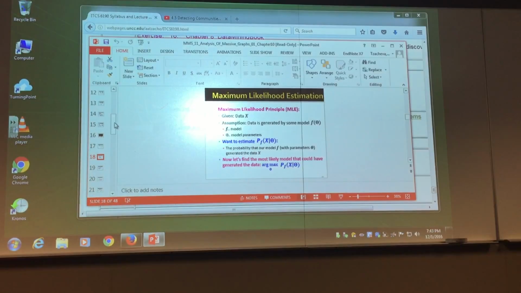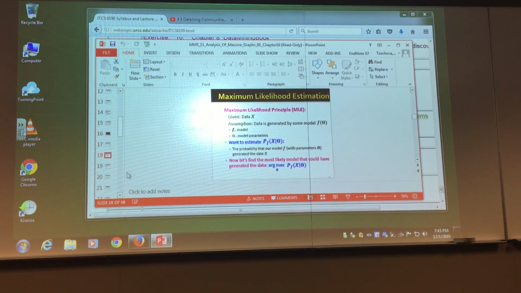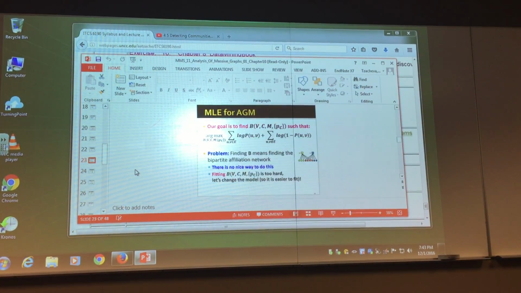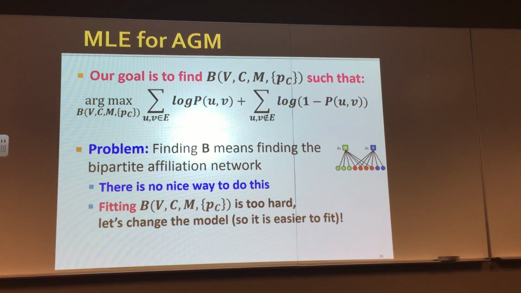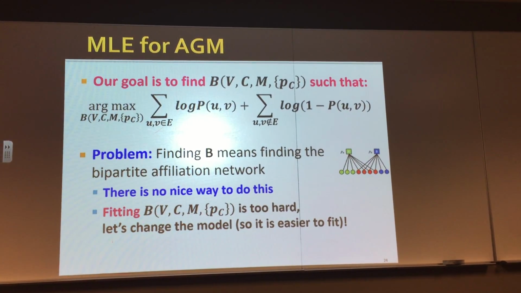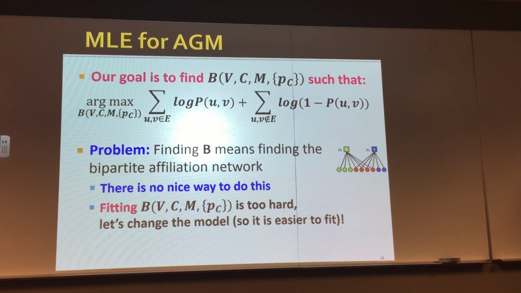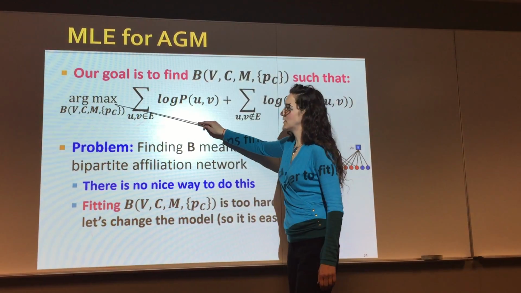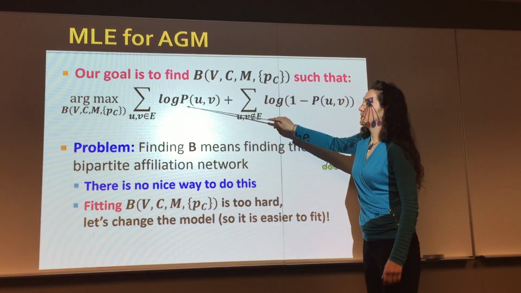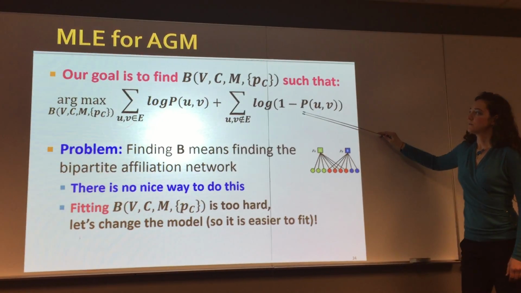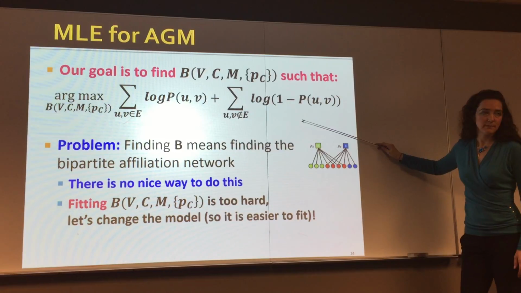And the way we will do this, so what this is showing is the maximum likelihood of probabilities that the two nodes will connect, and then we are subtracting out of that the probabilities that they will not connect.